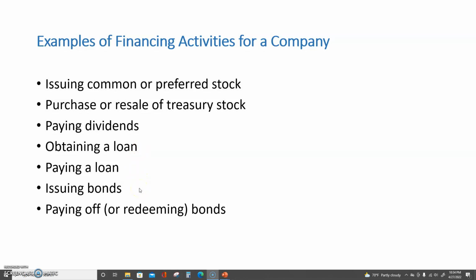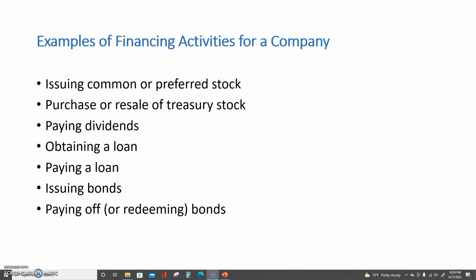Finally, let's look at issuing bonds or paying them off, which is also called redeeming these bonds. You may not have covered the topic on bonds in your accounting classes yet. Bonds are a source of financing for the company. Basically, a company issues bonds, just like issuing common stock, except bonds are instruments of debt.